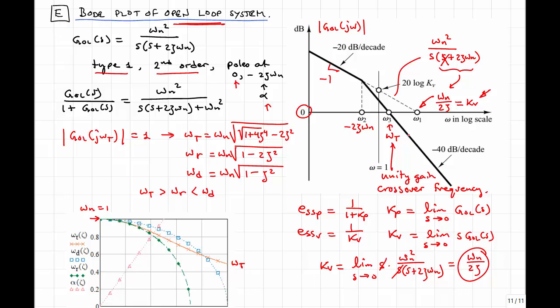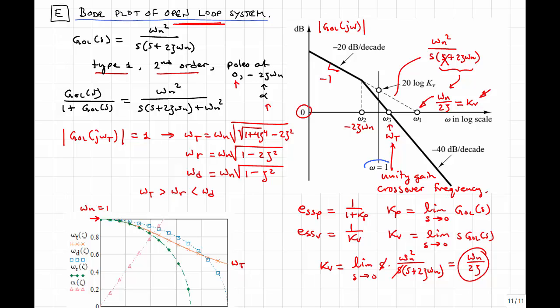Now if the zero magnitude was, say, up here, this was 0 dB, then we'd pick off that value, and it would turn out that would be a value less than 1. So it wouldn't be a particularly good kv, or therefore a very low steady state velocity error, but we could still identify it.